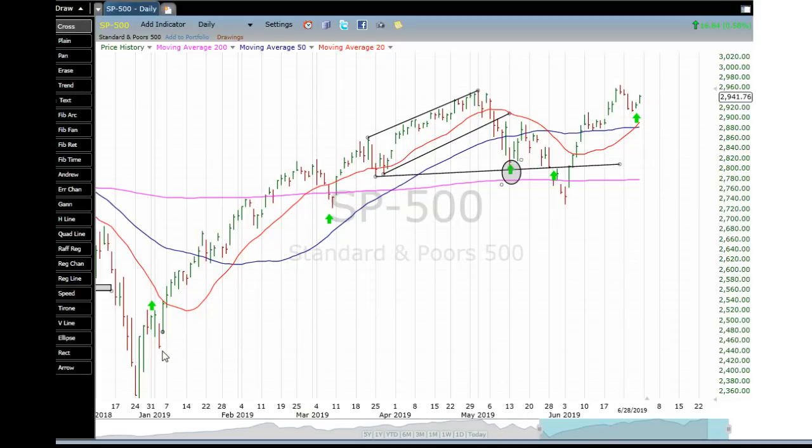The first two consecutive lower daily lows, intraday lows now, not closing, satisfies the -2 part of the method. So +1 -2. I often get asked, does the -2 have to come right on the heels of the 3 day chart turning up, the +1? The answer is no. It's the first two consecutive lower daily lows.